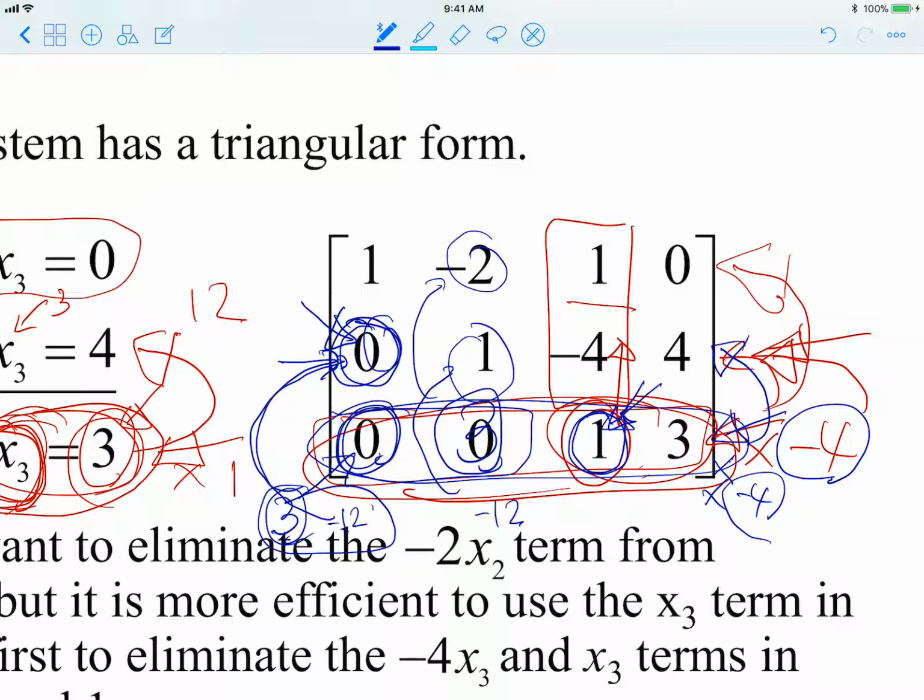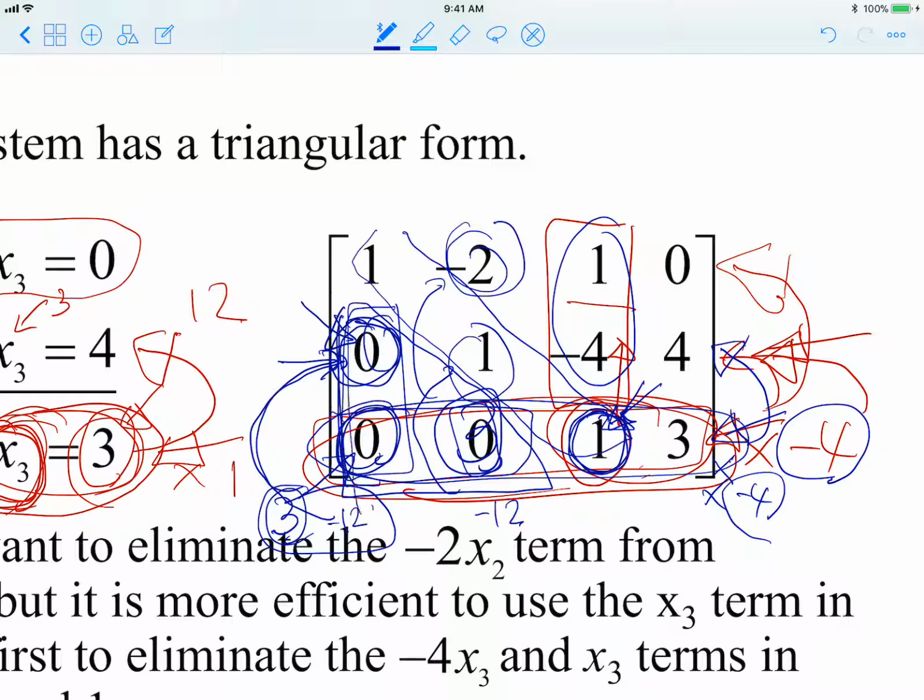That's why we first remove all these values below the diagonal, and then use this one to remove all these upper parts, and that way we maintain the lower part as all zeros. Otherwise these values may become non-zero, and we would make our equation more difficult, right?